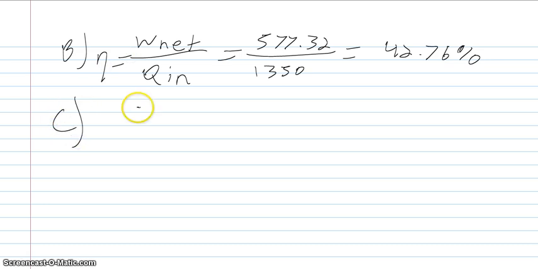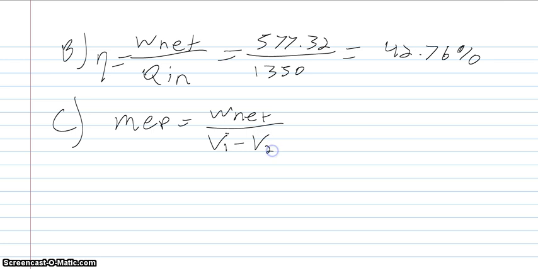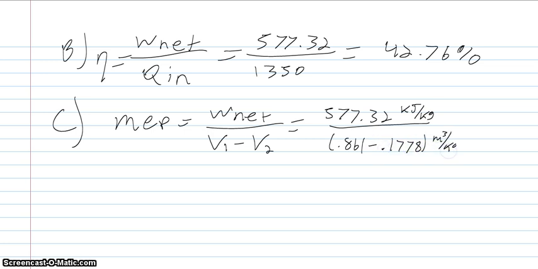And now we can go and find the mean effective pressure, MEP, which equals the work net over V1 minus V2. We can find that 577.32 kilojoules per kilogram divided by specific volume V1, which is 0.861 minus 0.1778 meters cubed per kilogram.